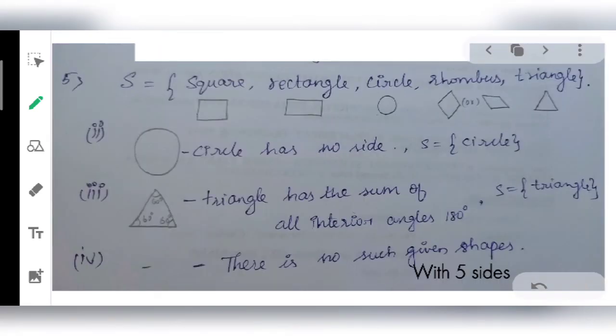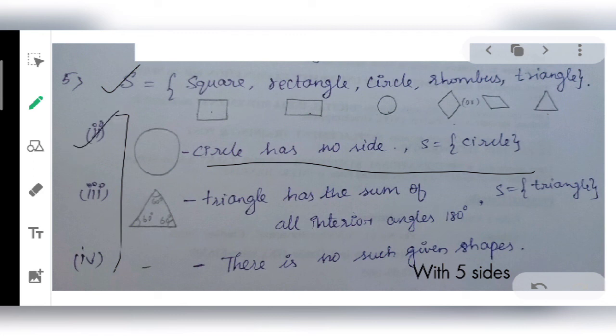In the next question, we have to denote the sets. We are given the set S, which holds the elements square, rectangle, circle, rhombus, triangle, etc. And we are given options to choose the shape which has no sides.